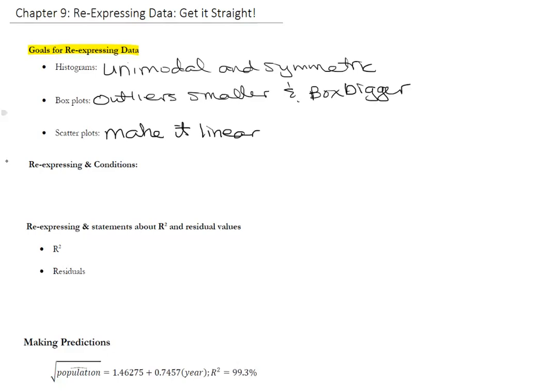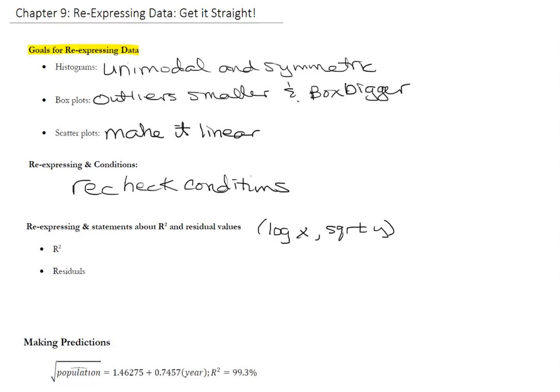Once you re-express things, you actually recheck conditions to make sure it works. When we re-express things, there are some things we have to say in our statements. One thing we might do is take the log of x, but y stays the same, or maybe we take the square root of y.